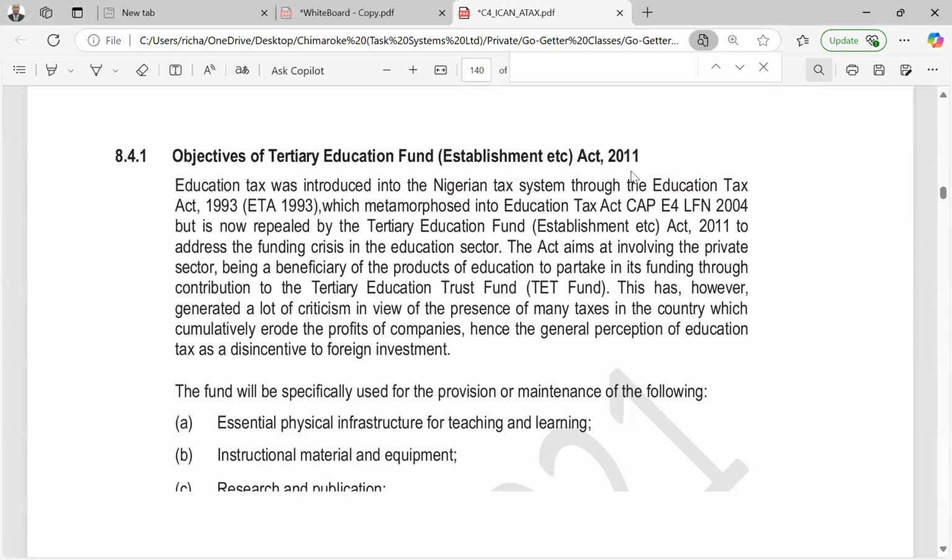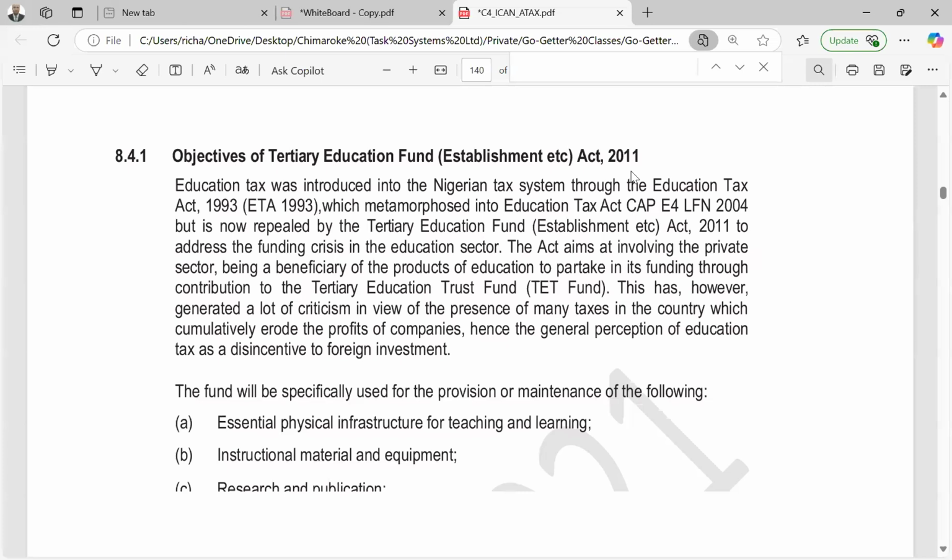So, tertiary education tax. What is this tax? This is a tax that was introduced into the Nigerian tax system through the Education Tax Act of 1993. This is even before the Constitution of Nigeria was done in 1999.